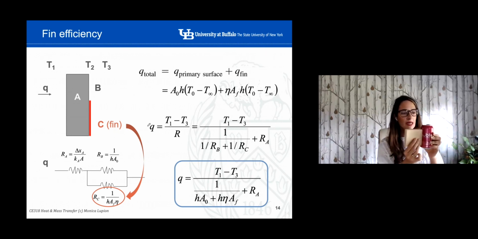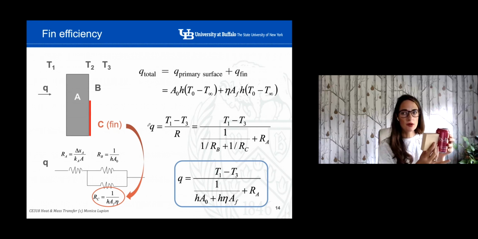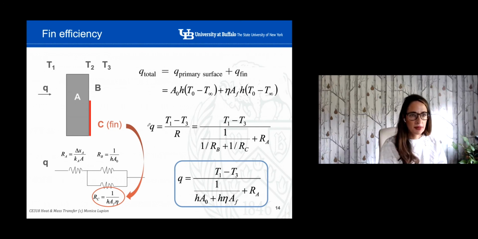The element A will be, for example, if there is some convection inside of the can, and then we have the element B, which will be the primary surface without the fins, and C will be the fins themselves. Okay, and B and C are two elements in parallel, each one having different thermal resistance.